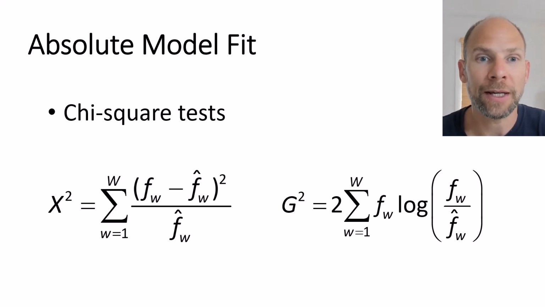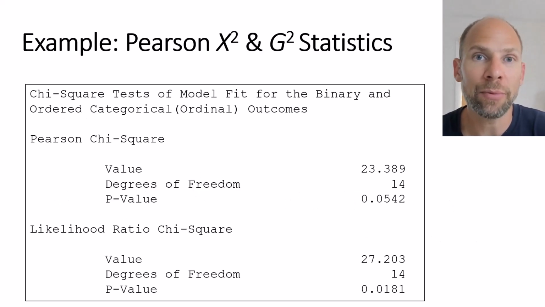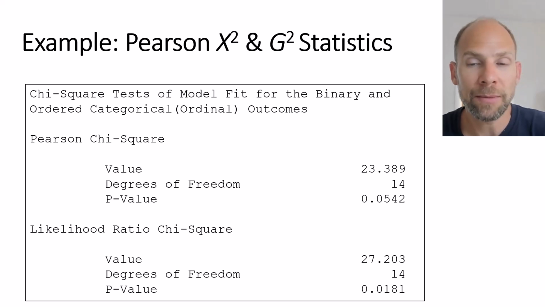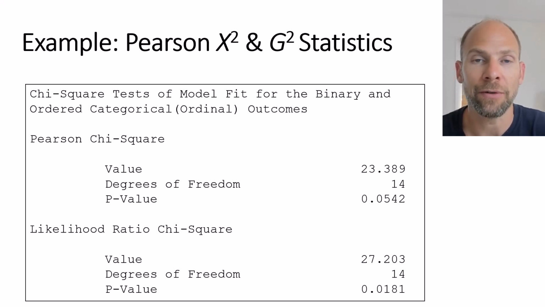I will show you an example here. So this is an output from Mplus, where we get both the Pearson statistic and the likelihood ratio statistic, and you can see that these two values are somewhat similar but not totally similar. The Pearson statistic is 23.389. The likelihood ratio statistic takes on a value of 27.203 here, and so the Pearson statistic is not quite significant at the 0.05 level.